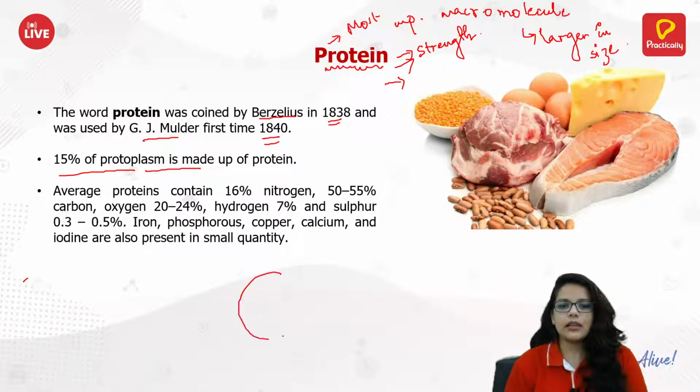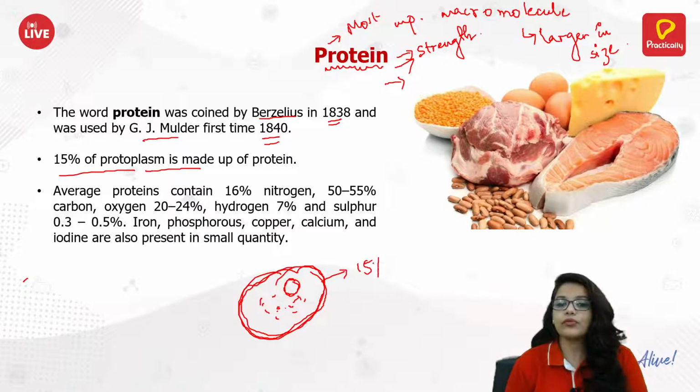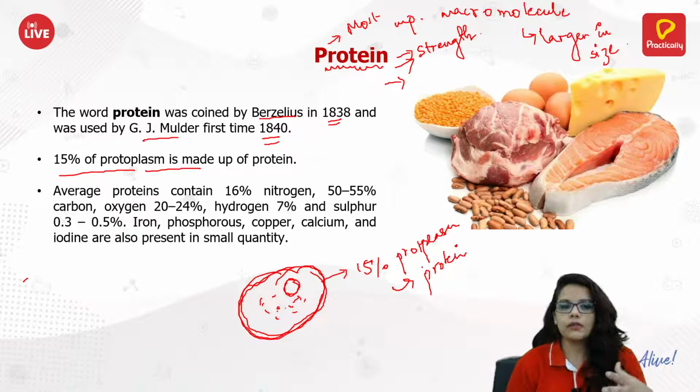We have a cell, there's a membrane, protoplasm and everything, and there's a nucleus and cytoplasm. Whatever is inside the cell is the protoplasm, and 15% of the protoplasm is proteinaceous in nature. So you can think how much protein we have.